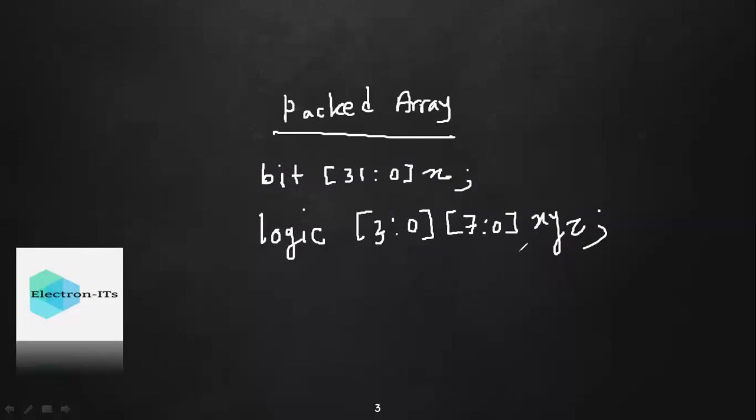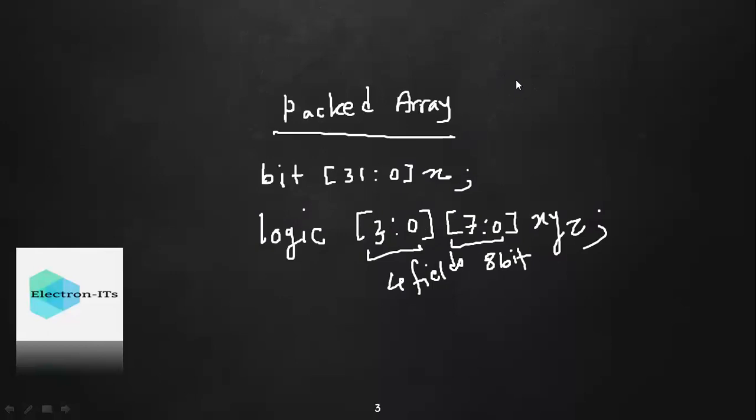So here 4 fields are there, and we call these fields subfields, and the size of each is 8 bits. So 8 into 4 is 32. So in total we have a 32-bit vector, right? This is how we write, or represent, or declare the packed array.